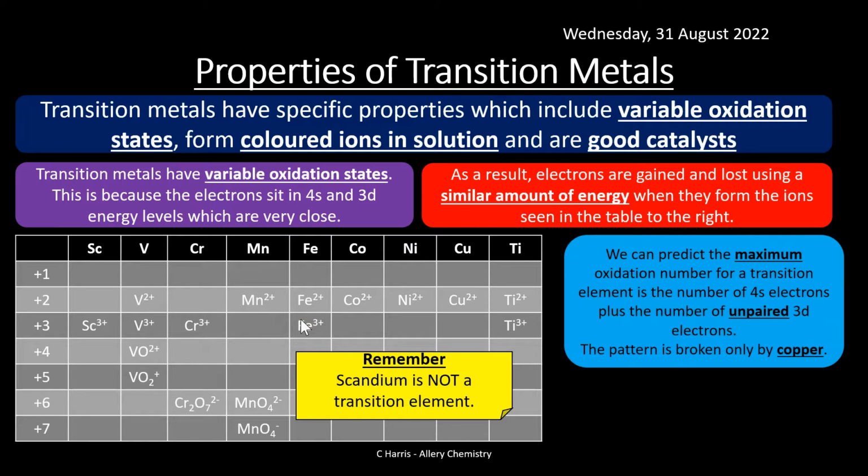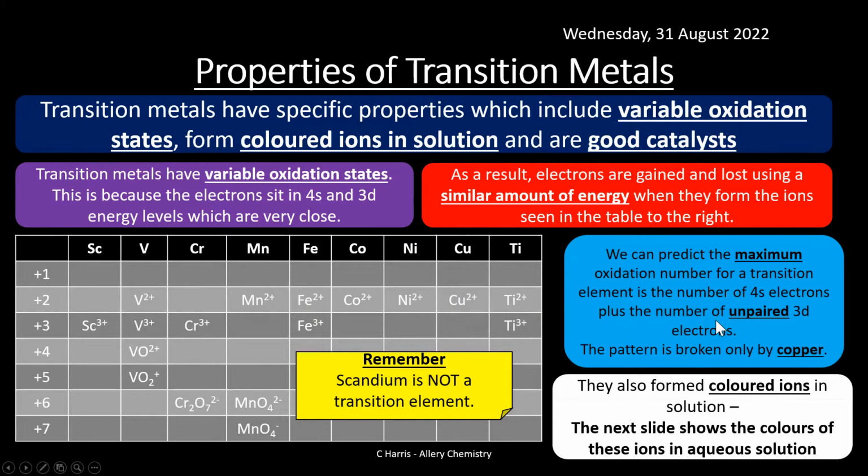So what we can do is predict the maximum oxidation number for a transition element. It's basically the number of 4s electrons plus the number of unpaired 3d electrons, and this pattern is only broken by copper. So that's the way in which we can try and predict what they are.